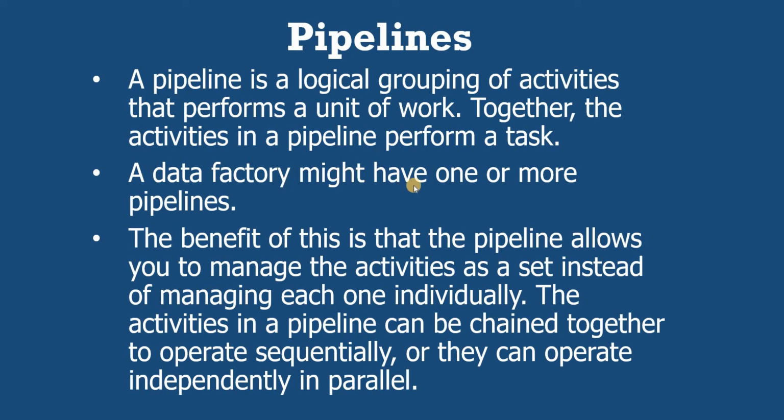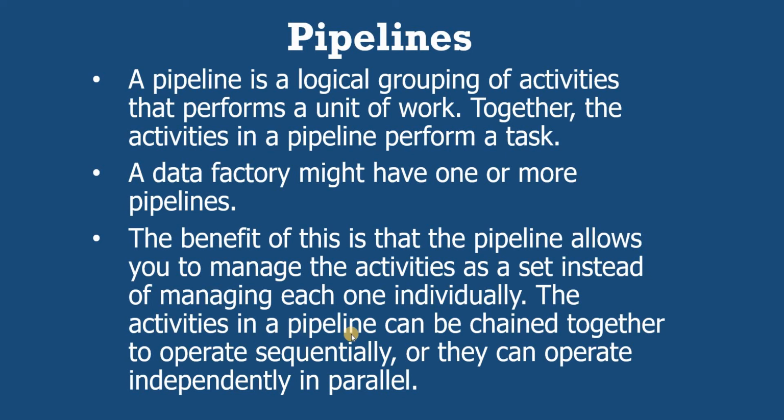A data factory might have one or more pipelines, so we can perform n number of pipelines at a time. The benefit of this is that the pipelines allow you to manage the activities as a set. So what happened here? We are using multiple activities as a set instead of managing each individually.